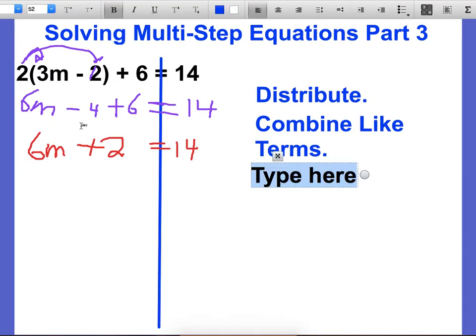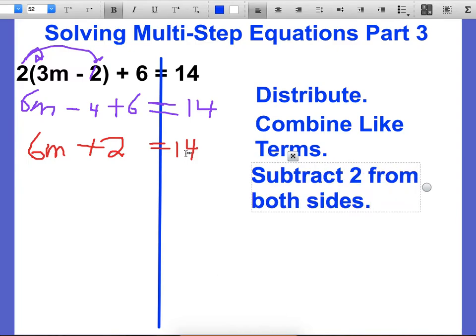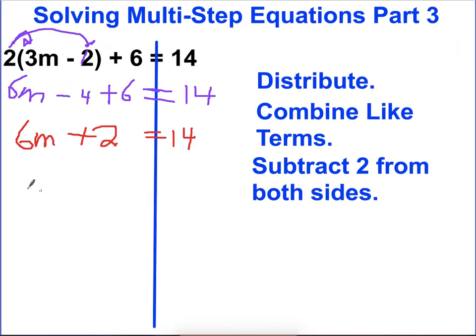Okay, now I have a two-step equation. I have a variable, a constant, and then I just have a constant on the other side. So I'm going to say do the inverse operation, so subtract 2 from both sides. So we're going to say minus 2, minus 2.